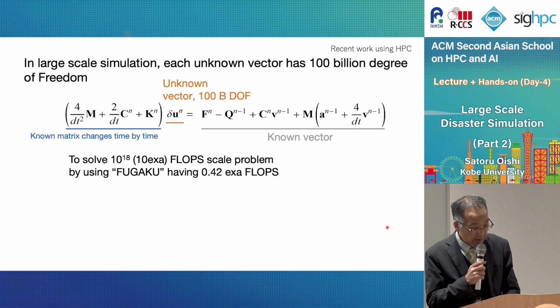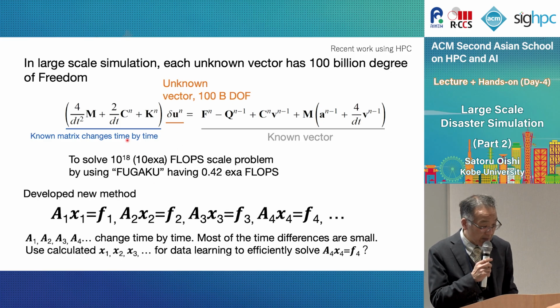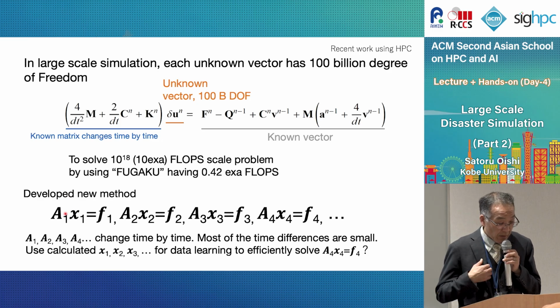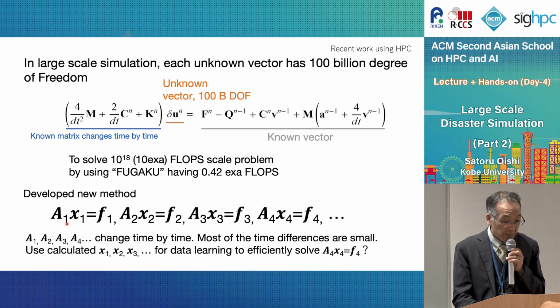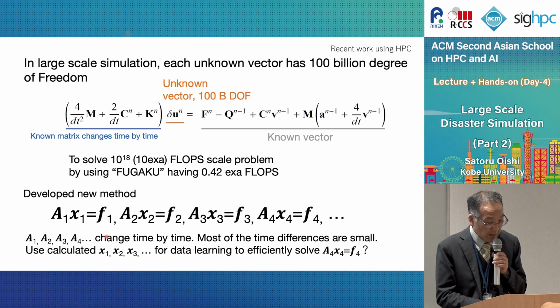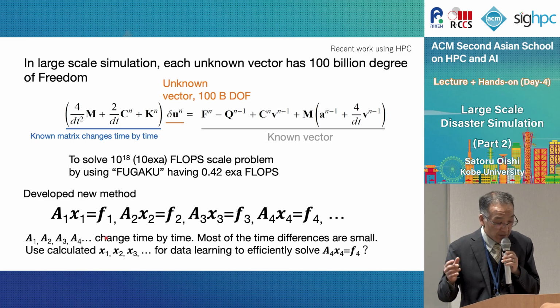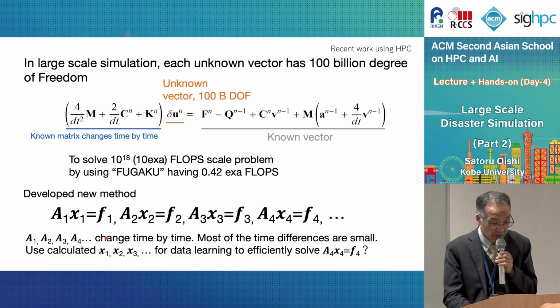So this is the end of my talk. You understand it. So nowadays, you can use the deep learning method. By learning time by time, it reduces the time needed for calculation.